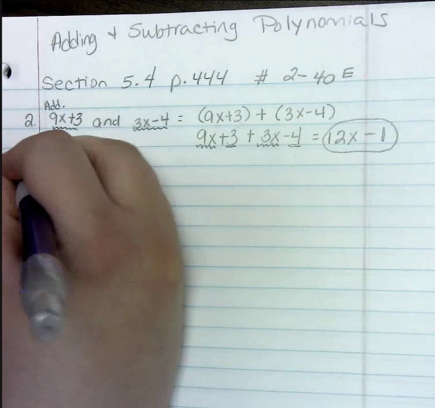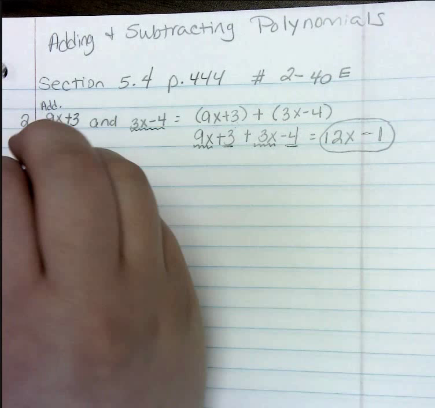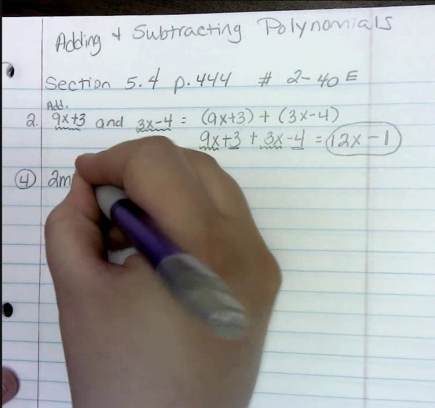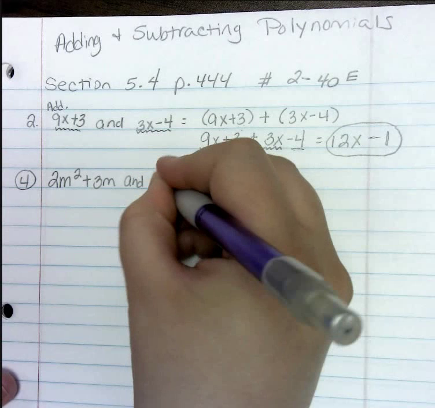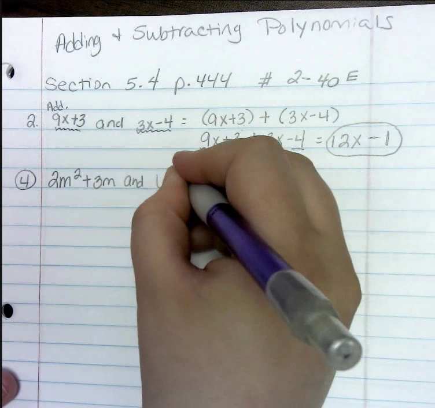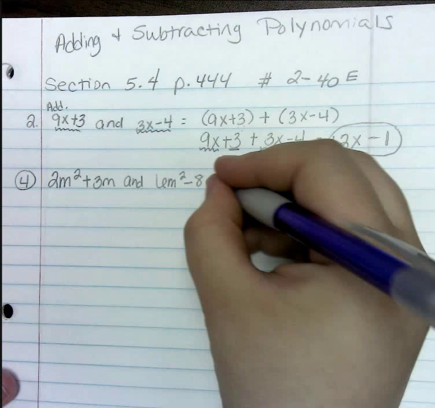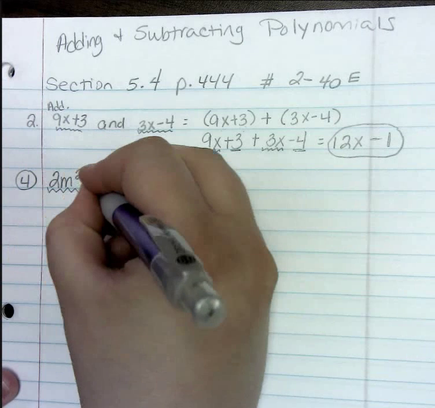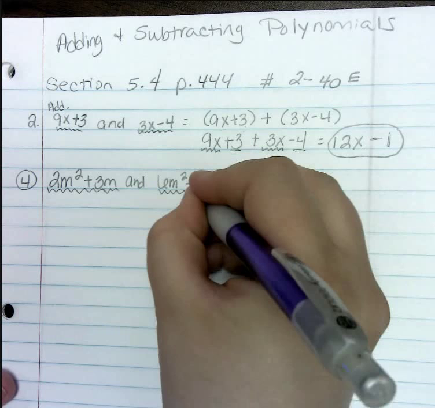Number 4 says to add 2m squared plus 3m and 6m squared minus 8m. So remember, we are adding this quantity and this quantity.